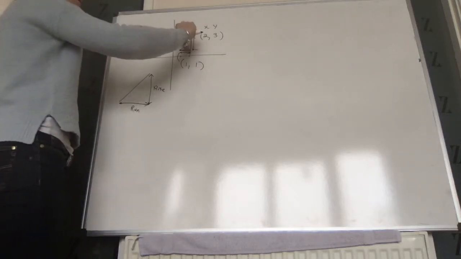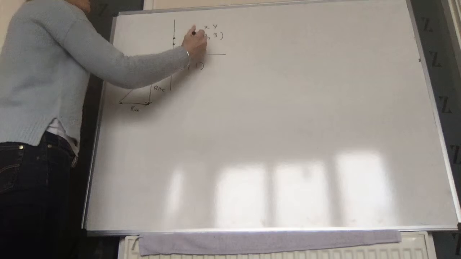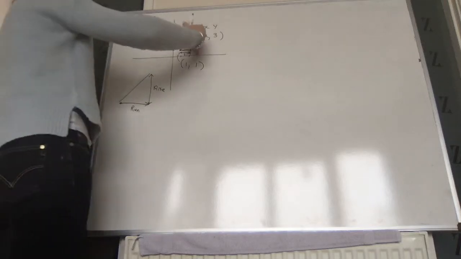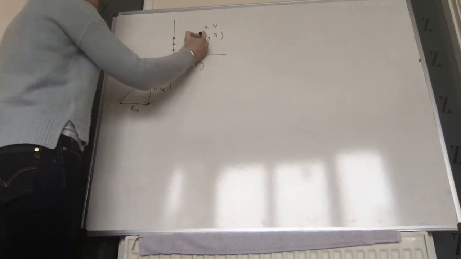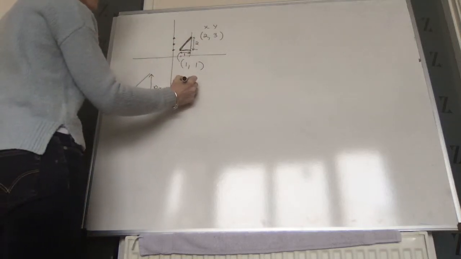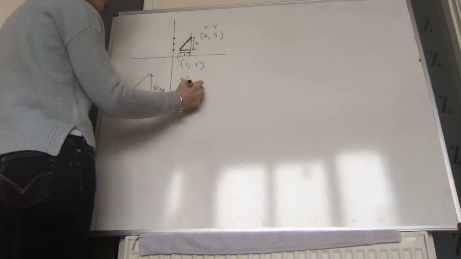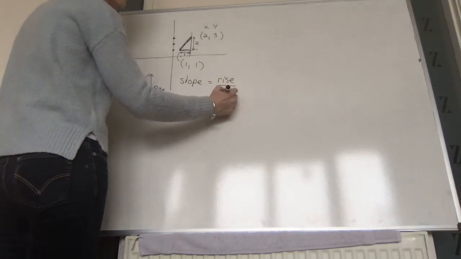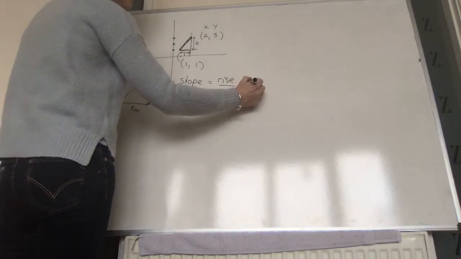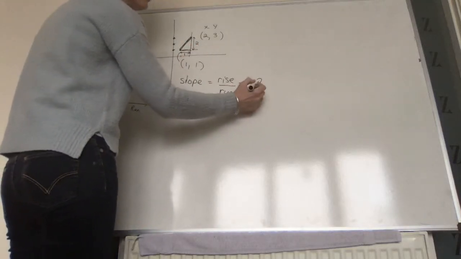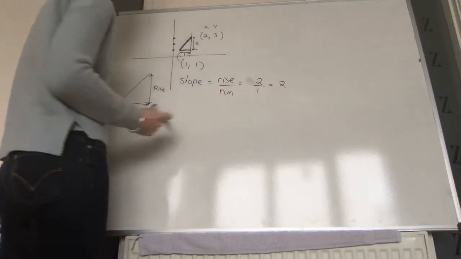So in this case, if you look across, the number of units here is 2 units, and the number of units between here and here is 1 unit. So the rise divided by the run for the line that is joining those 2 points is the slope. So the slope of the line joining those 2 points, which is the rise divided by the run, is plus 2, because in other words, it's 2 over 1, which is 2.